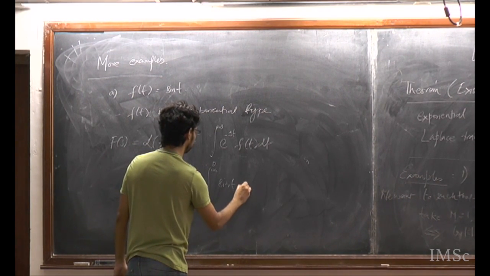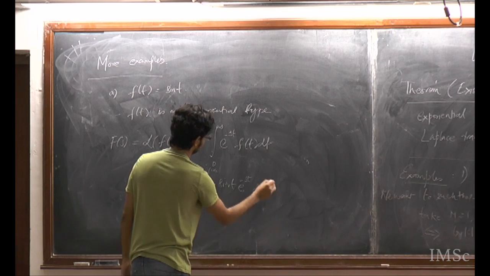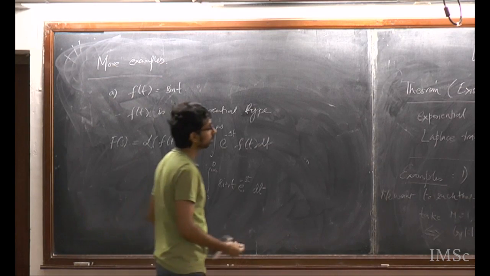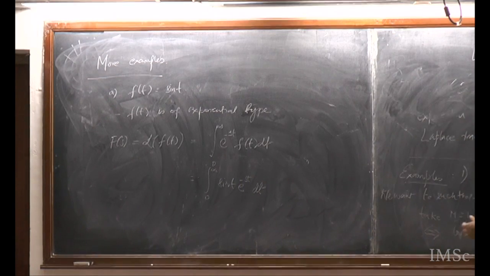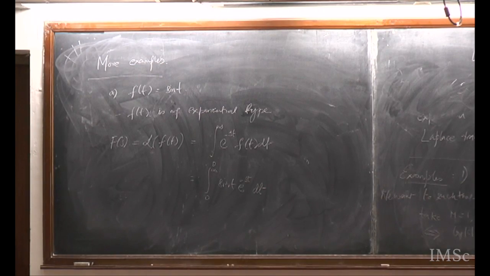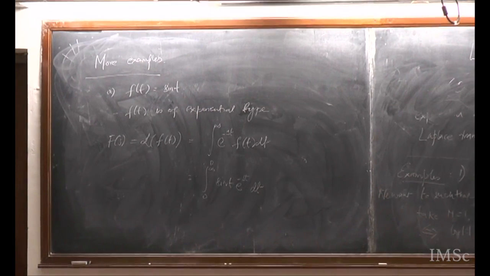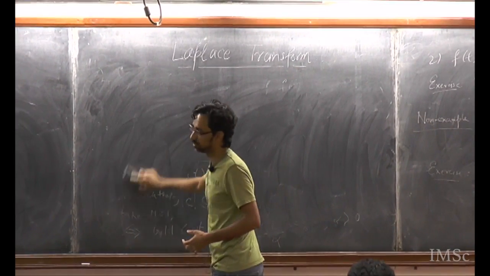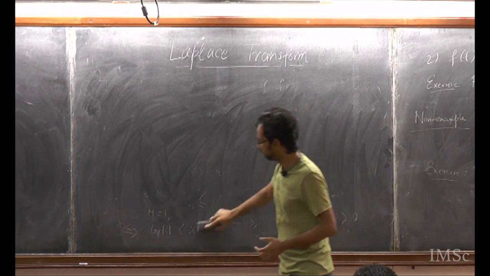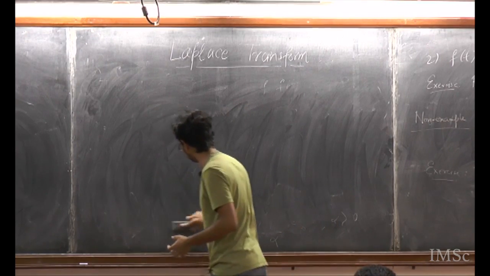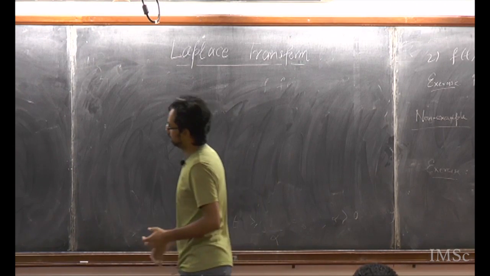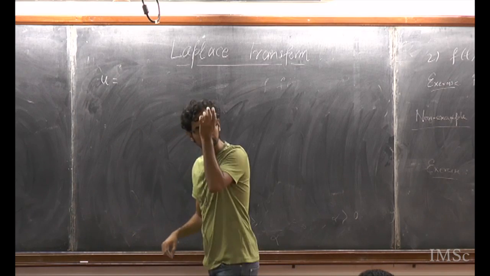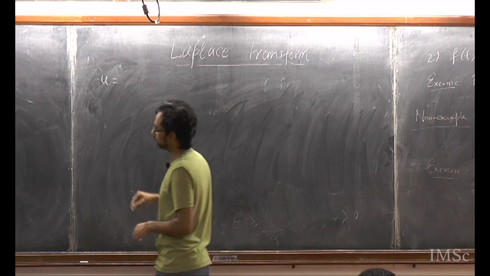Integral of sine t e to the minus st dt. So how do we compute this? Any ideas? Integration by parts, yes. So again, one of the basic methods to compute Laplace transform is by integration by parts. Okay. So let's do integration by parts. What will we take as u? Take sine t.